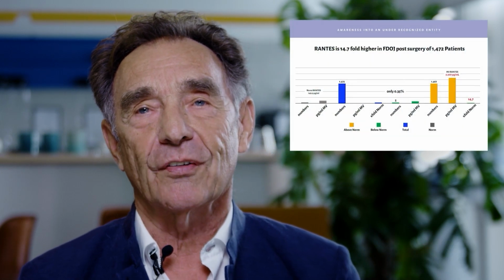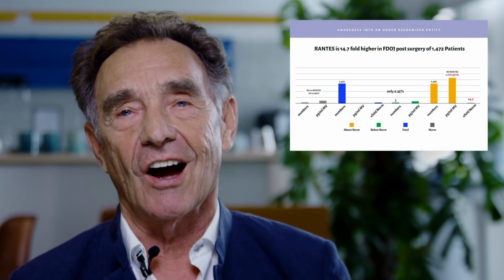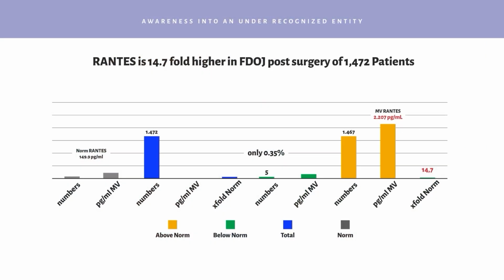This is the result of post-surgery FDOJ analysis for RANTES expression in 1,421 patients. Again, on the left, we have the normal level of RANTES in healthy jawbone, and this is about 150 picograms per milliliter, only picograms.